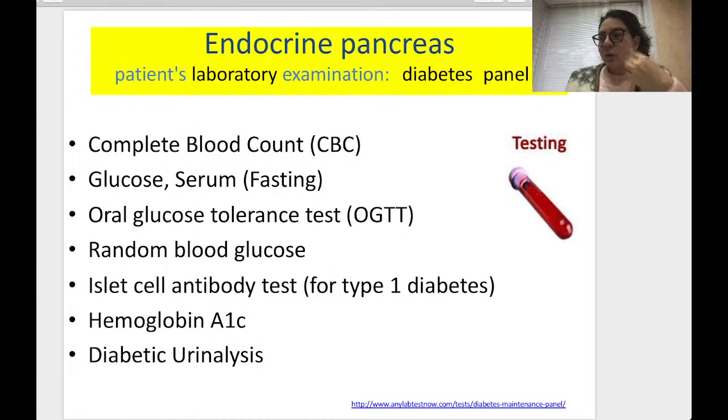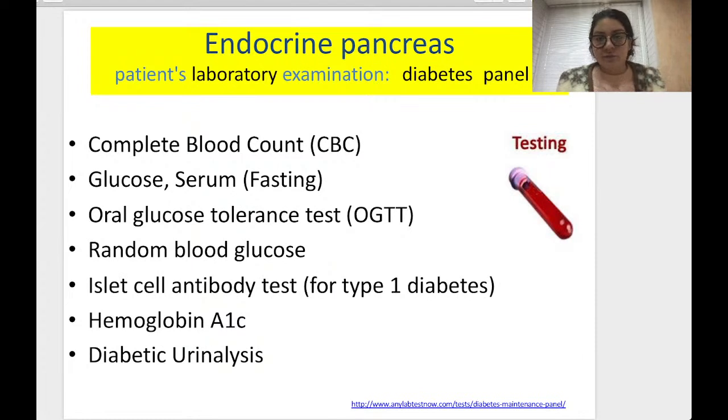One spontaneous elevation can be led to by a sweet meal in the evening. It can be some inflammation, physical or emotional stress, and a lot of other factors. That's why fasting glucose is an obligatory test, but this test alone is not very reliable.